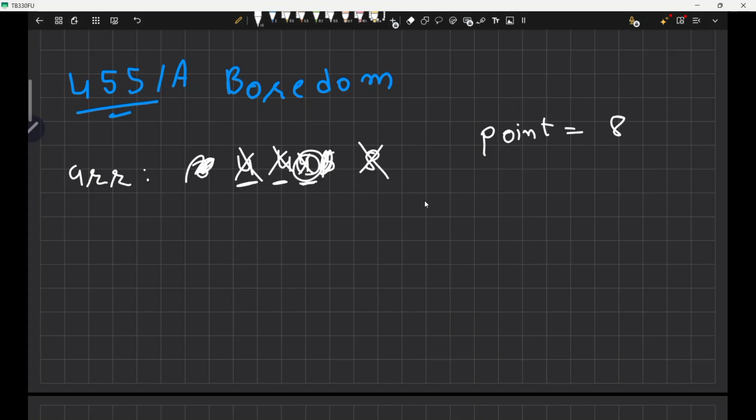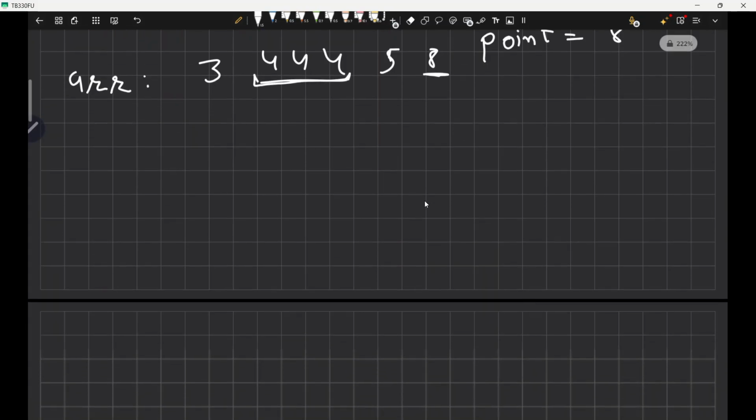Because if you take only one 4, all 3s and all 5s are deleted, and if you take all three 4s, also all 3s and all 5s are deleted. So it is better to take all of the fours. So we got some observation here.